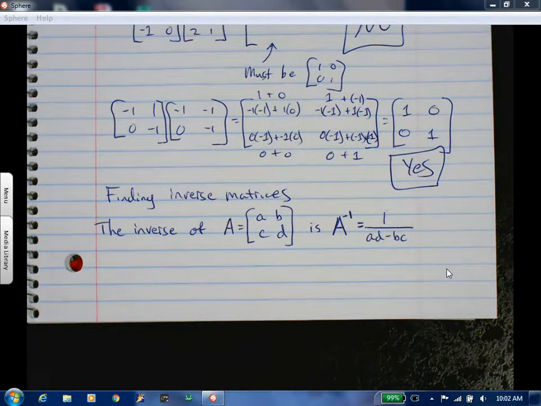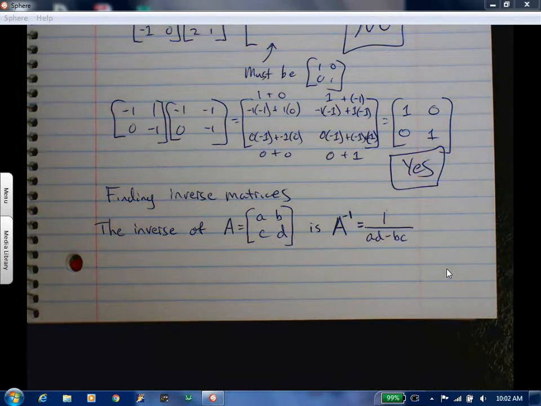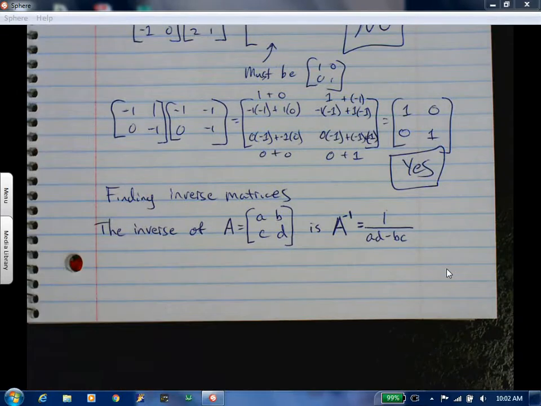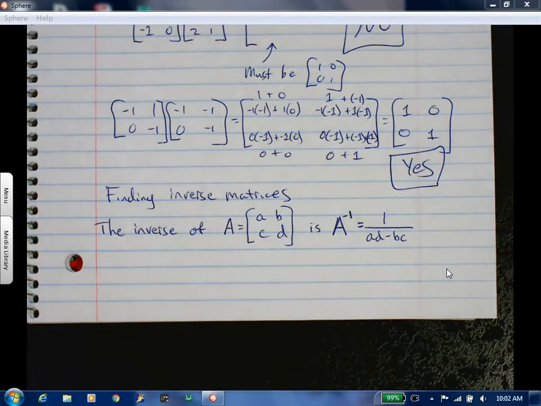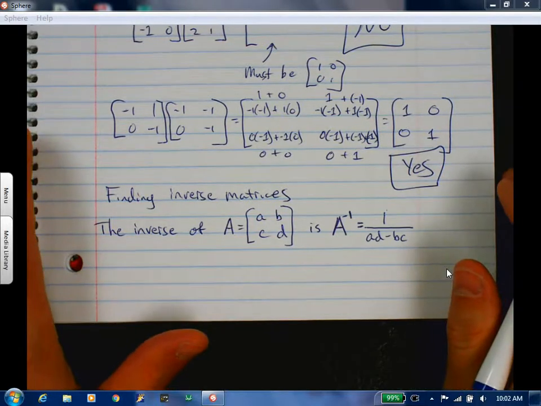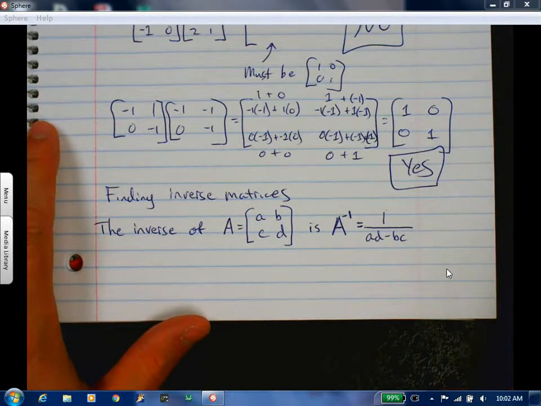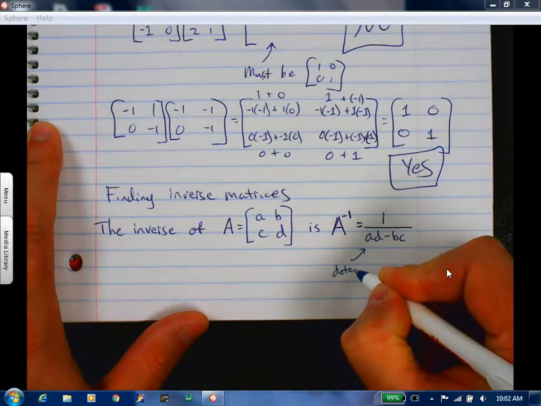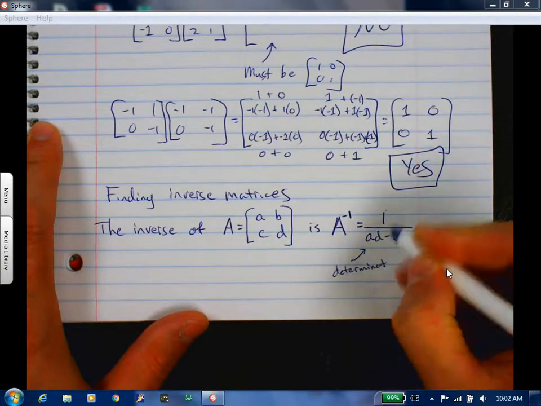The difference between the product of the diagonals. Yes, the determinant. That's the determinant that we did last week.